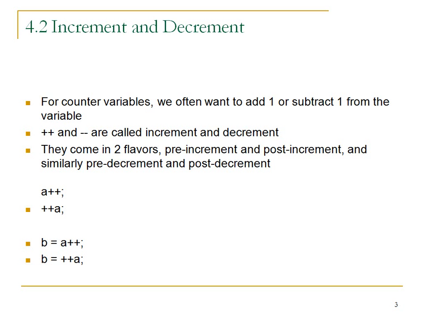So we write a plus plus and plus plus a, and those look different, but they aren't. a plus plus adds 1 to the value that's in a, and plus plus a adds 1 to the value that's in a. So why are there two that are different? It depends on when the adding 1 happens, and this breaks the rules of precedence.